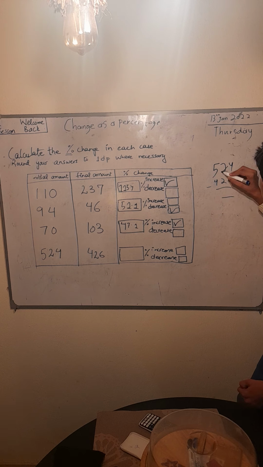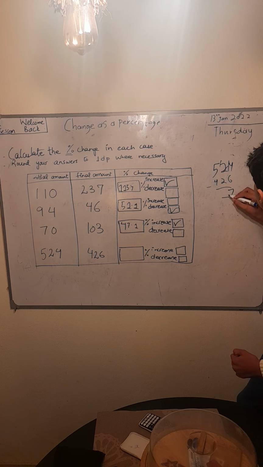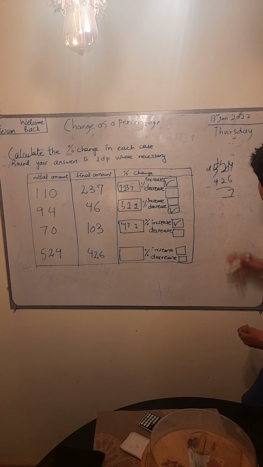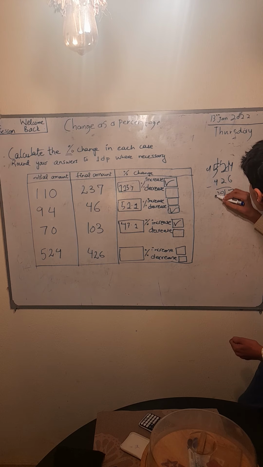Here we go. This would be 7, 4, this would be 5, 6, yeah, 9 and 0. 97.